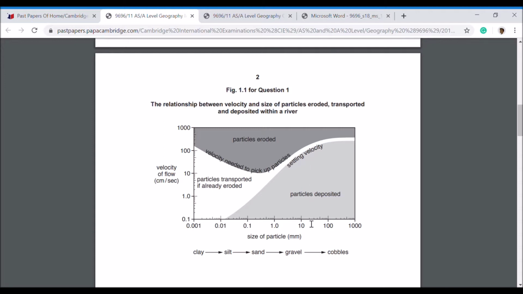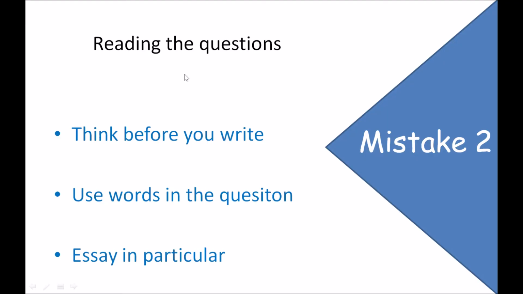And that would use all the data here, the particle size, the velocity. You might even mention that it's gravel that you're talking about as well. If you end up explaining why Hjulström's curve and the velocity works like this, you will get no extra marks.